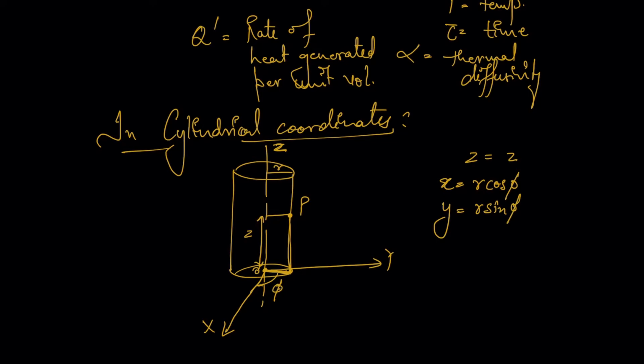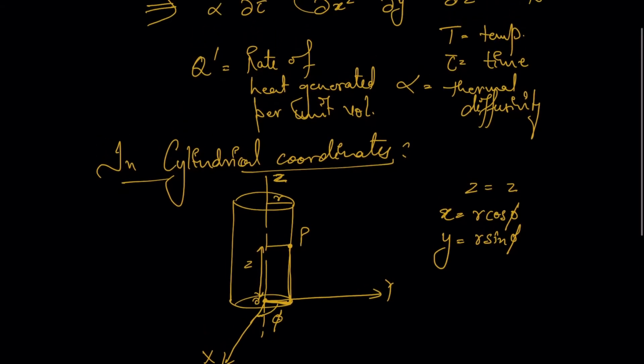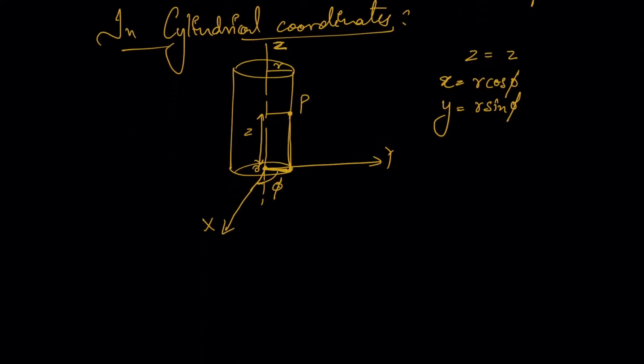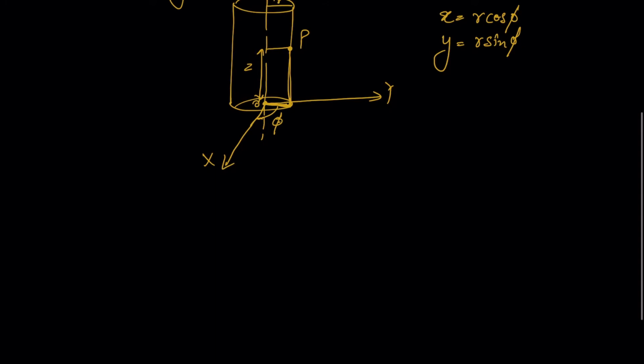Using these components, if you put them into the rectangular coordinate equation above, you will get the cylindrical coordinates equation. I am just writing the final cylindrical equation because we are not going into the derivation.